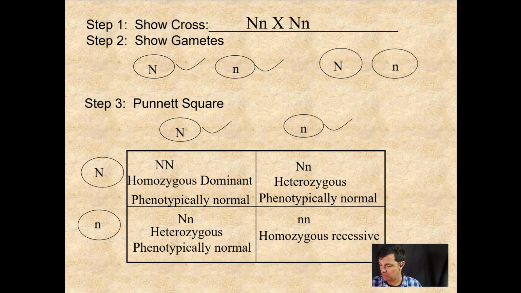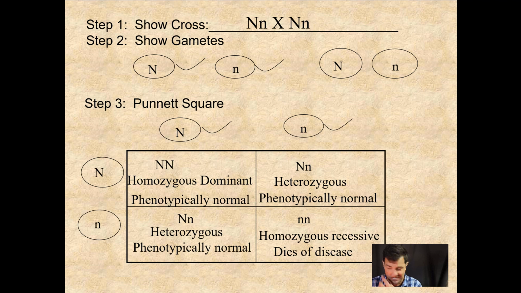And then what if you had the lowercase n fertilize the lowercase egg? Well, if you did that, you would have a homozygous recessive baby or offspring. And in that scenario, the baby resulting from that interaction would die of some particular genetic disease, assuming that the recessive allele expression was harmful.